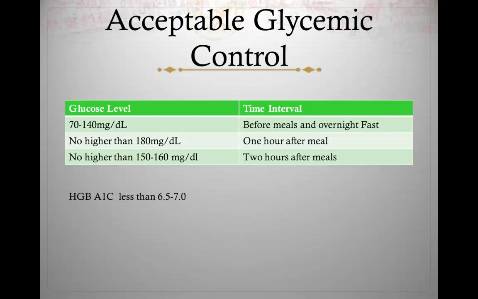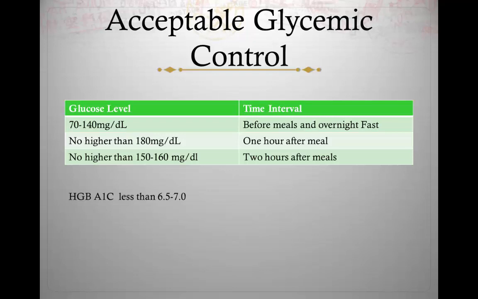Now, what are the acceptable blood glucose levels? Remember, you are normal if the fasting blood glucose level is under 100 milligrams per deciliter. You're normal if the 2-hour postprandial level is under 140 and the hemoglobin A1C is less than 5.6.